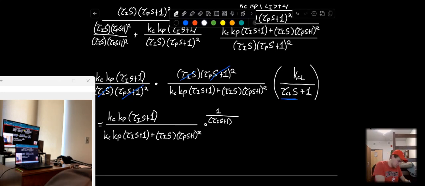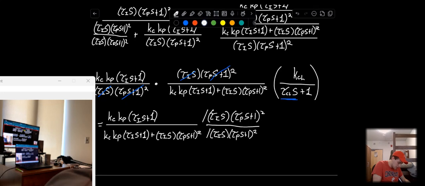Actually, what if we make this R1 instead? So let's divide. We're basically going to divide by tau_I s (tau_p s plus 1) squared on both the top and the bottom. Okay, so what will that give us?